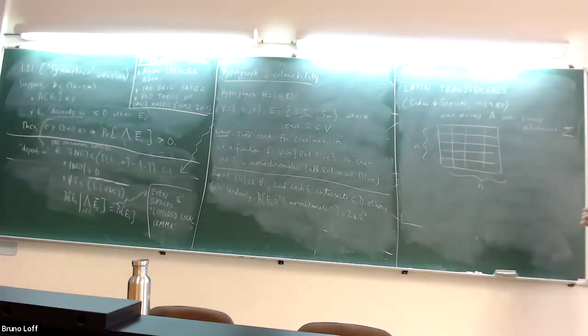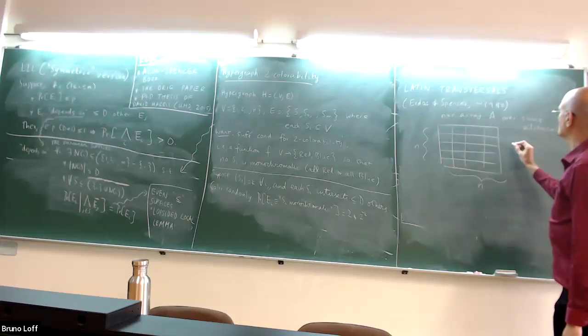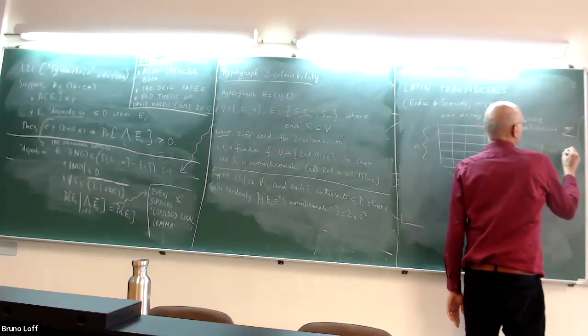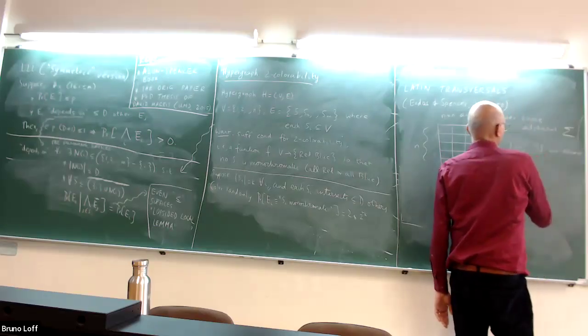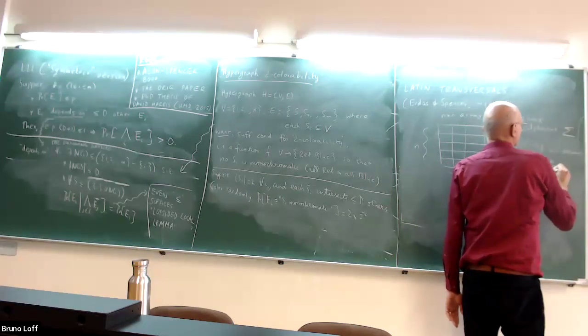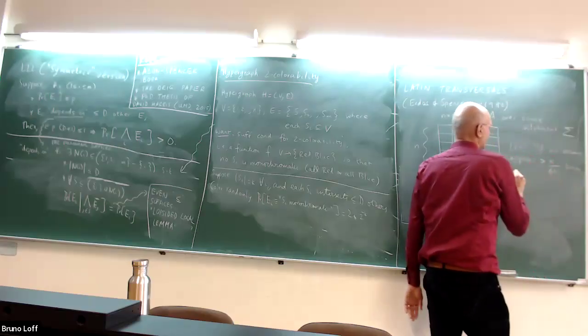Erdős and Spencer showed, using the lopsided local lemma, that if no element appears more than n over 4 times in the matrix, right?